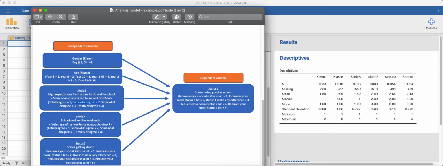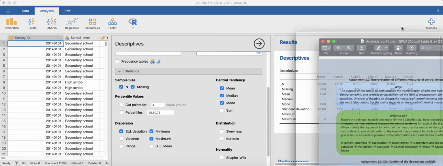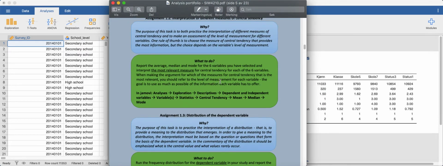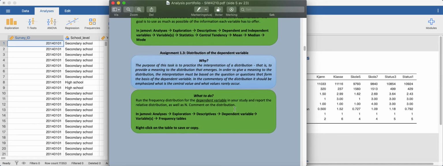Okay, so from knowing that 1 is equal to boy, with the mode equal to 1, we know that there are more boys than girls in our data set. Okay, so yes. Now I've shown you how to find different measures of central tendency.